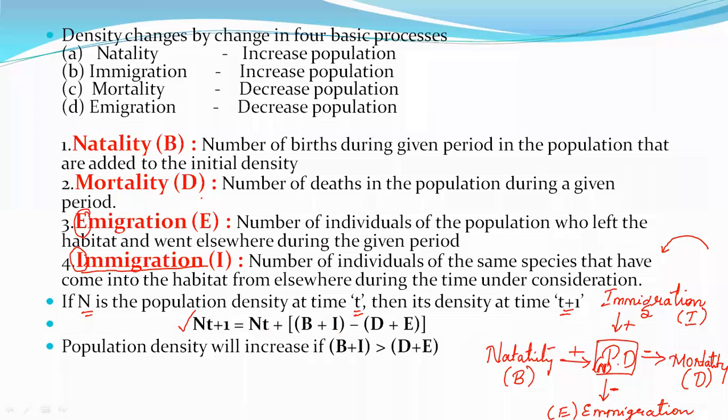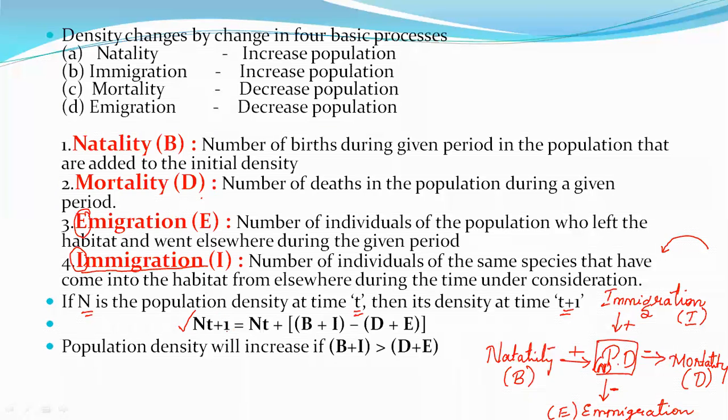Now here, we should know each of the terms of the formula very clearly. N(T+1) is the population density at any time.